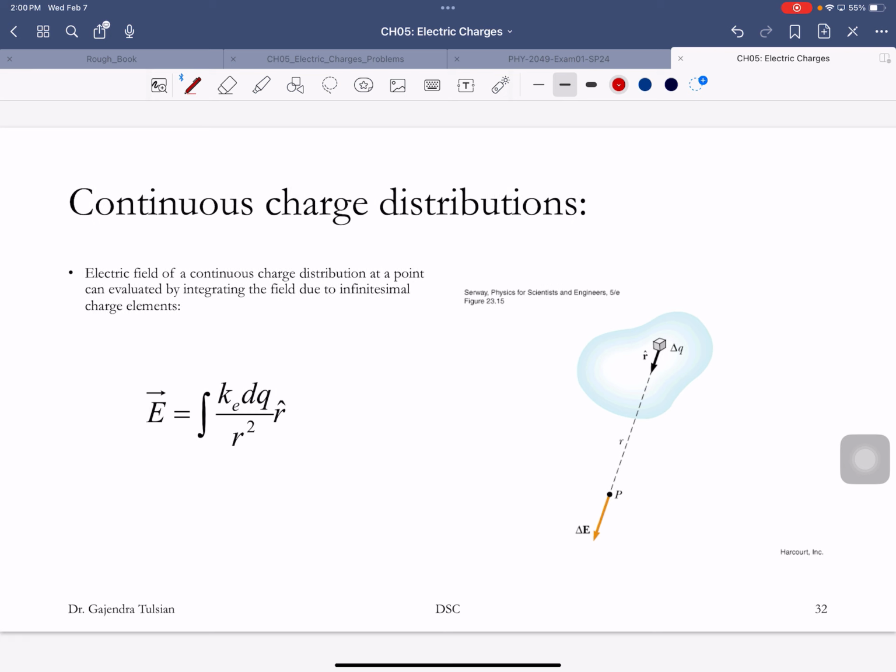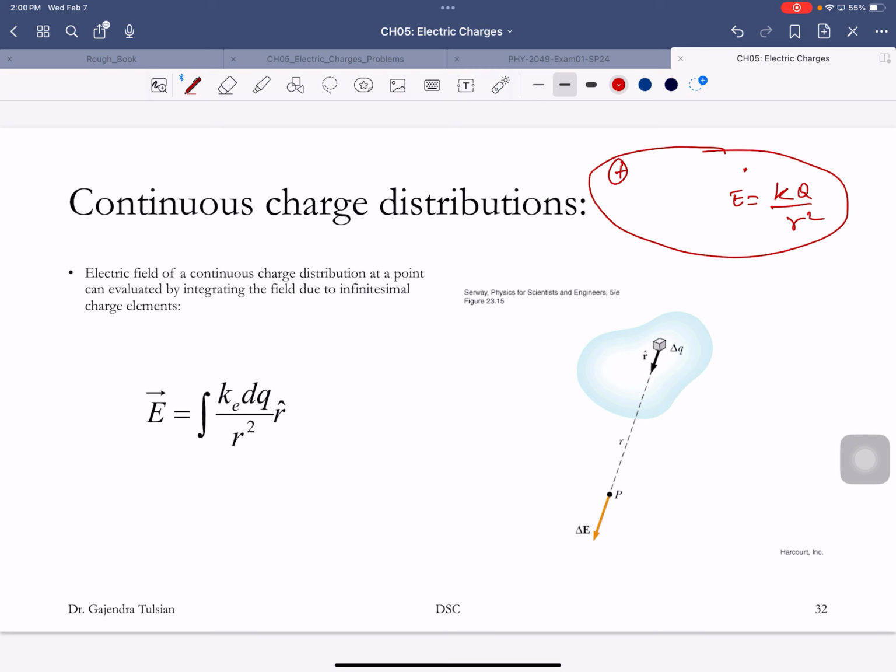Now we want to deal with the following. You know how to calculate the electric field from a point charge, which is kq over r squared. And you guys are all calculus experts, Calc 3 experts. This is too easy, so we're going to throw a more complex problem at you.